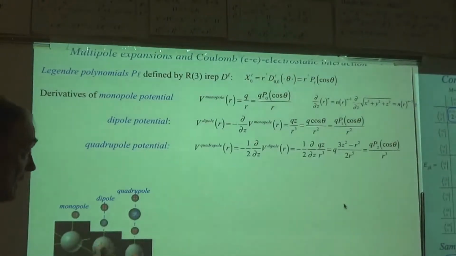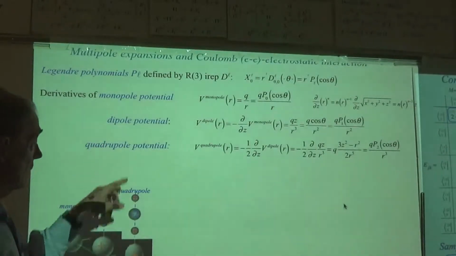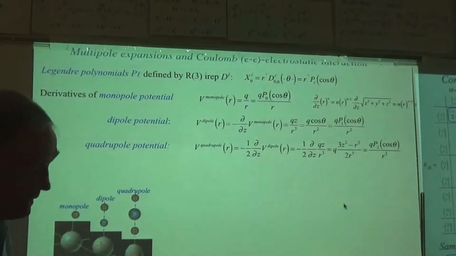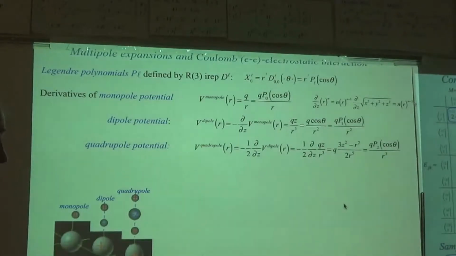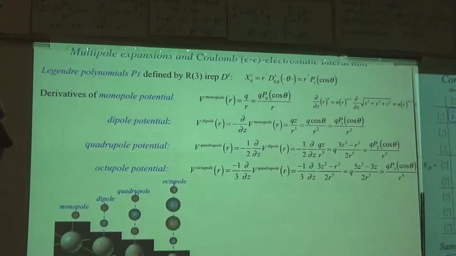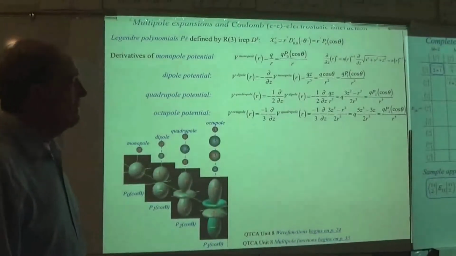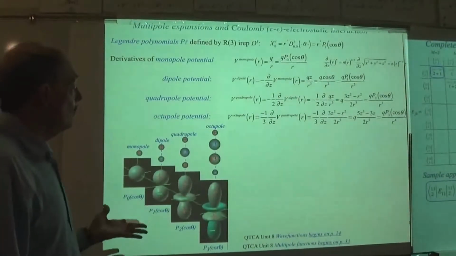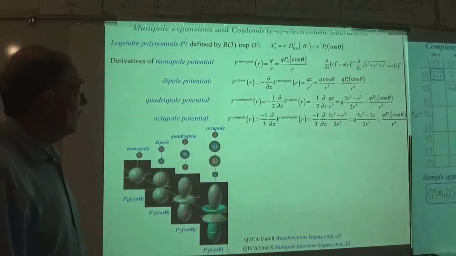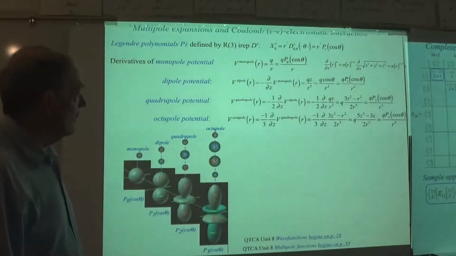But from now on, they're going to be elongated. The next thing here is the quadrupole, and it has P2 cosine over now a higher power of R, and then so forth. There's the octupole, okay, that's P3. So we're talking about a thing that has 2 to the 3, that's 8 collections of charges.